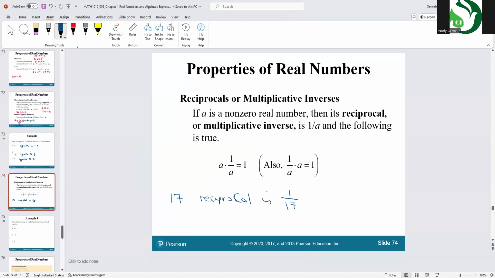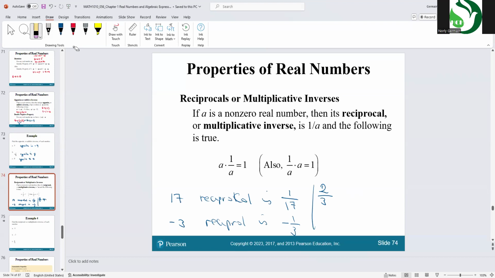Okay, so that's it. If you have negative 3, the reciprocal for negative 3 is negative 1/3, right? If you have 2/3, the reciprocal, it's just flip it.